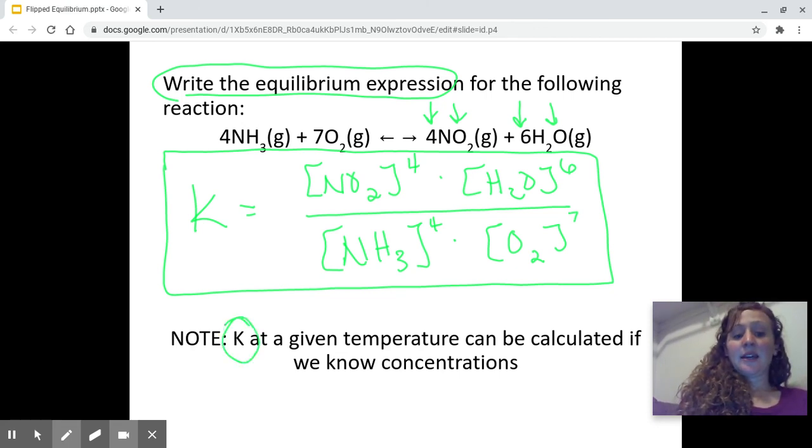And K is going to have a specific number, a constant, as long as your temperature is also constant.